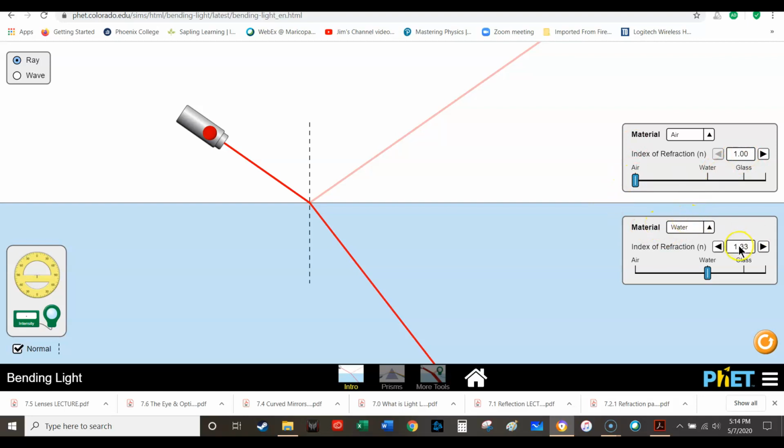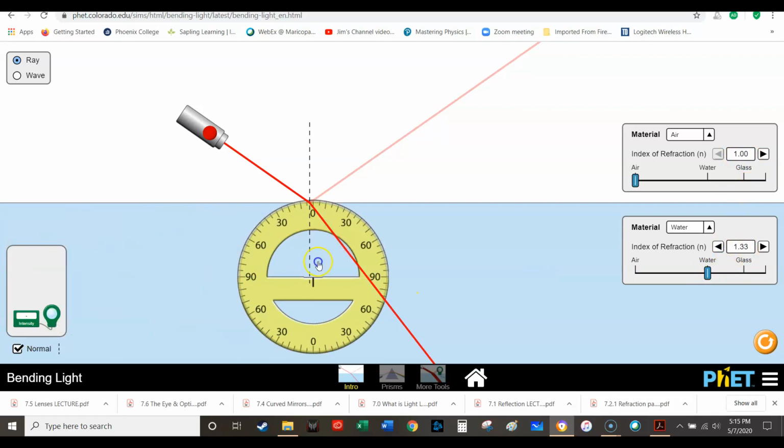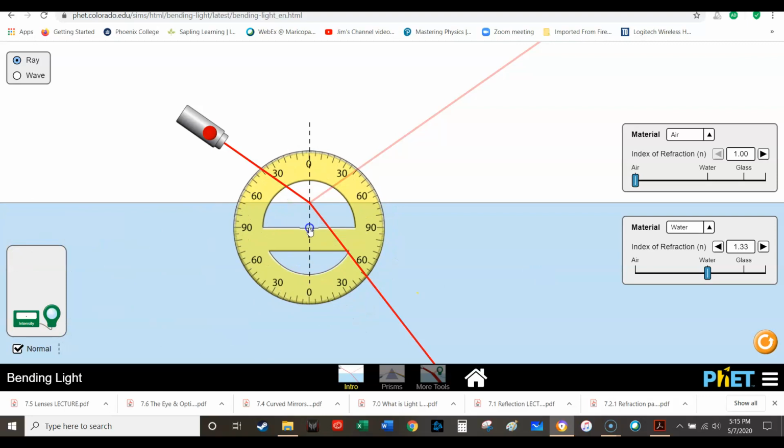Water has an index of refraction of 1.33. Actually, air is 1.0003, so pretty close to 1. Not exactly 1, but pretty close to 1 is air. Water, much more dense, 1.33. Okay. You have a little protractor that you could measure the angle with over here.